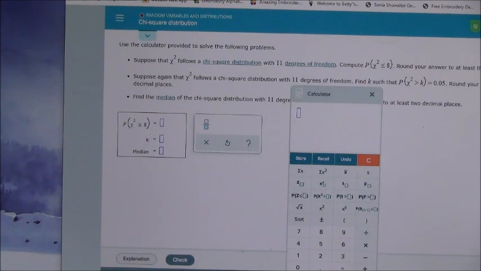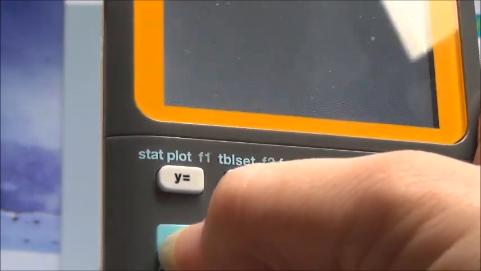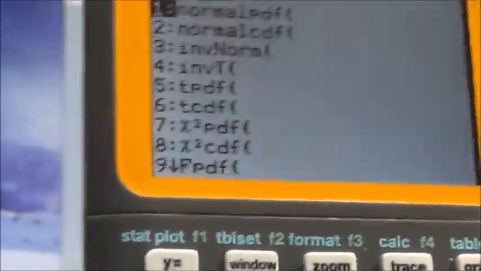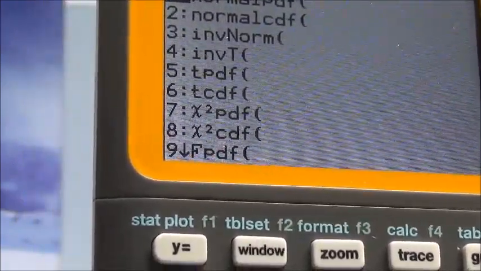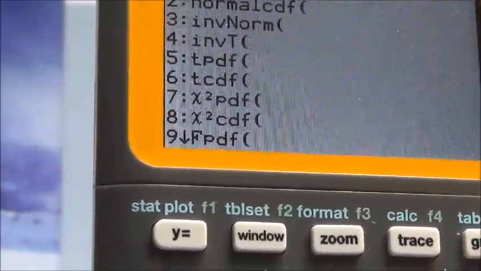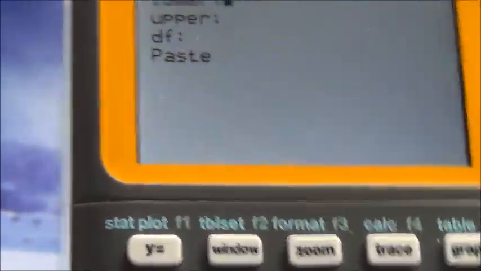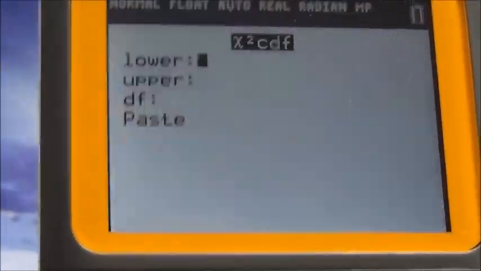And so if I am going to use my graphing calculator here, I'm going to clear out what was in there. So again, we're going to do second function, hit the VARS key to get the distribution menu, and you'll notice if you go all the way down to number 8, you have the chi-squared symbol. You want the CDF one. So I'm going to hit number 8. Again, it's going to do the lower limit and the upper limit.